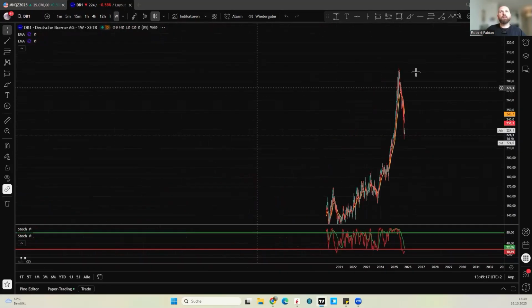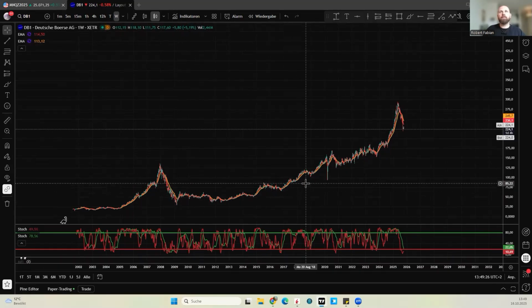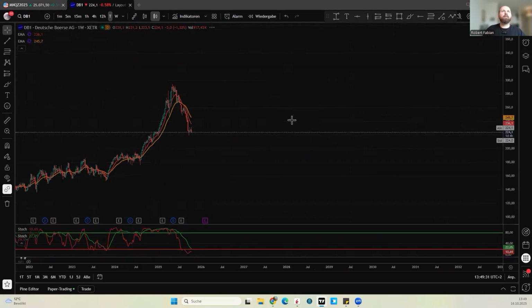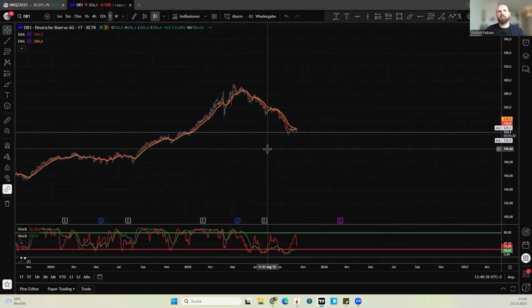And if we jump on a weekly chart, we see it's a big uptrend since years, since the financial crisis in 2008 and 2009. And the last weeks were not that good because we had a downtrend since the tariffs crisis in March, April.